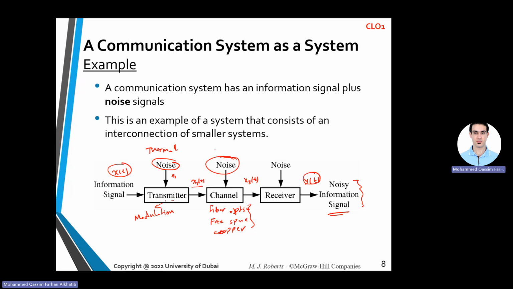And here we have what we call additive white Gaussian noise. That's the noise that you have in nature, like thunder or lightning, any kind of noise that you may face. So that's an example of a communication system that uses signals. And noise is also considered a signal, but it's a random signal that is not predictable.